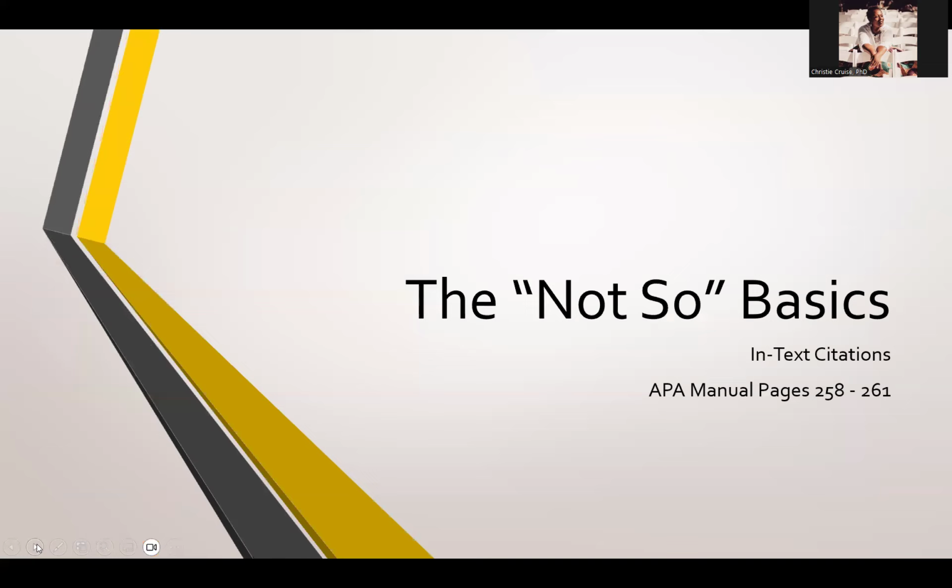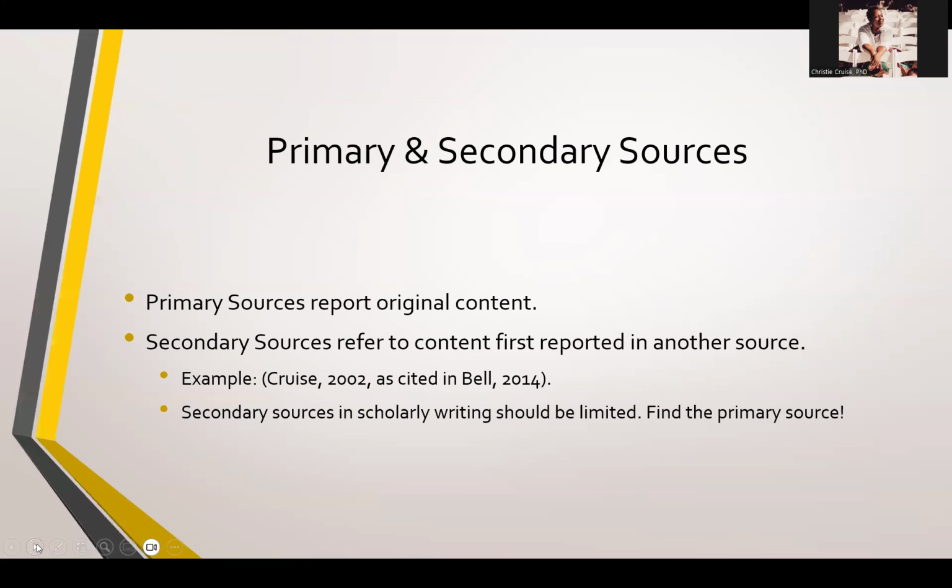Okay, so then there are the not so basics of in-text citations, and these can be found in the APA manual, pages 258 through 261. These are ones that come up quite a bit when I am editing clients' dissertations, and so I wanted to bring these to the attention of the writers.